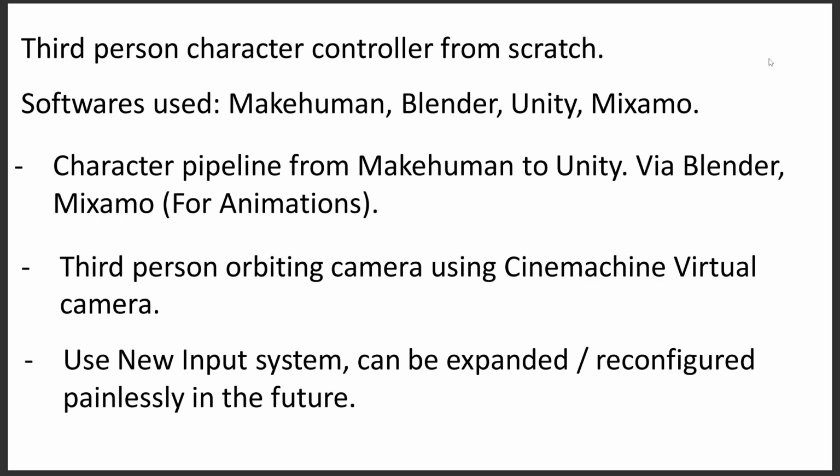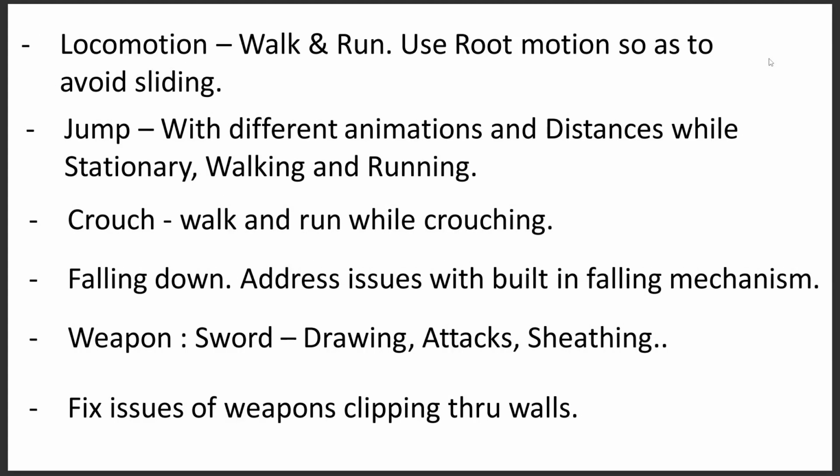Instead, we define the functionality. We don't say use space. We say use fire key, use jump key, that kind of stuff. And of course, the locomotion, walk and run. And we'll also see why it's better, or why I'd like, to use root motion.